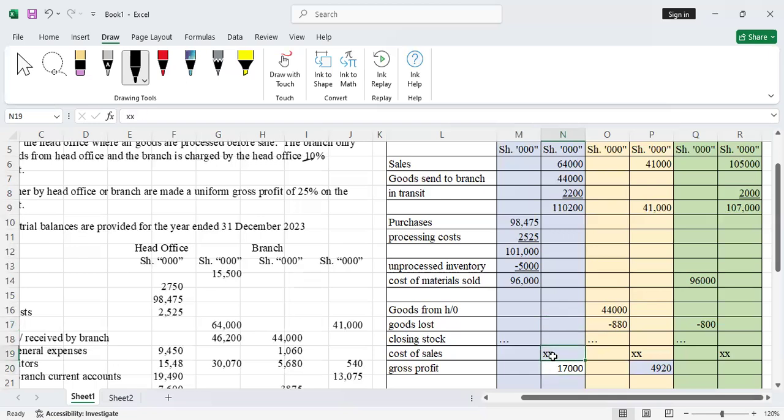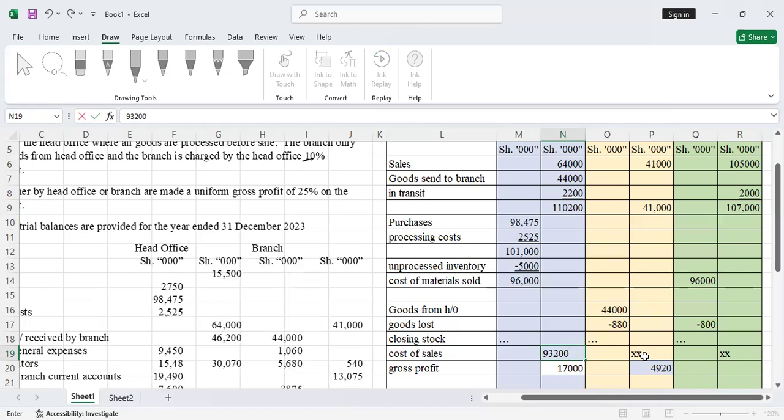What is the cost of sales? And what is the closing stock? This one we are being told is 93,200.